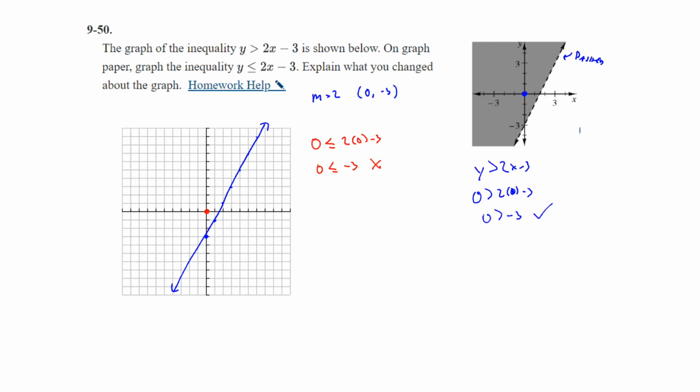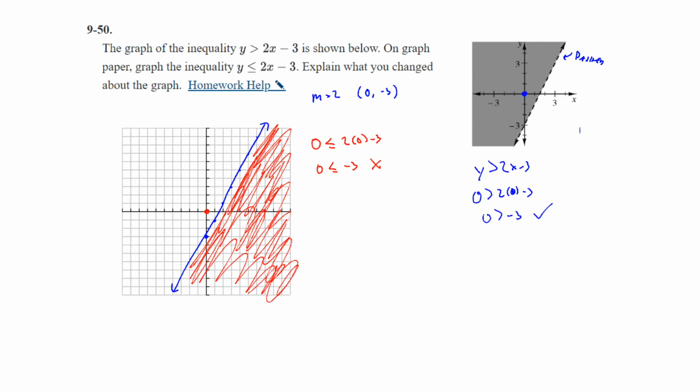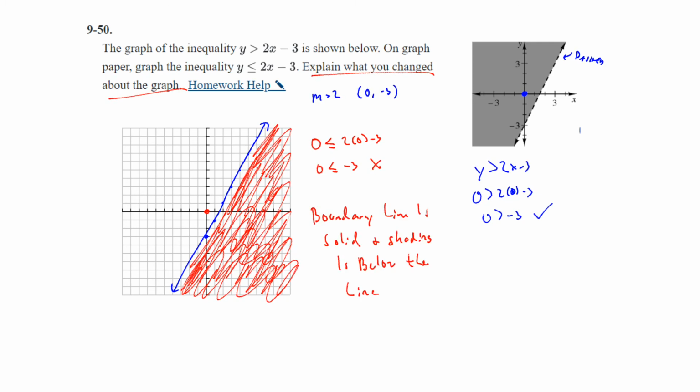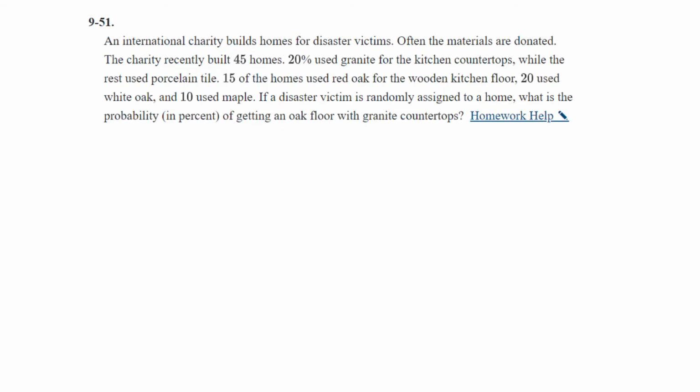That is not true, so we don't want to shade in that direction. We want to shade in the other direction. So we'd be shading down here on our line in our linear inequality. So the difference is where you're shading, and then also your boundary line is now solid. So boundary line is solid and shading is below the line. That's what changed.